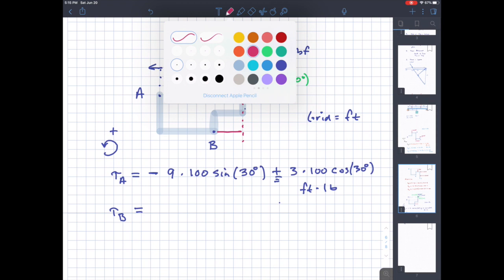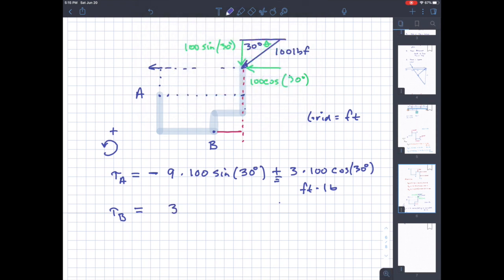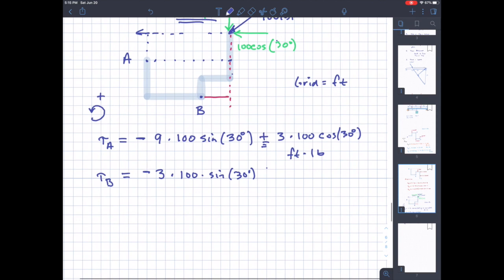So we would need 3 times 100 times sine of 30 degrees, because that's the resolved vertical force. Which way does that cause the rotation? That would cause the rotation to be clockwise, and so this would need a minus sign. That takes care of the vertical component.